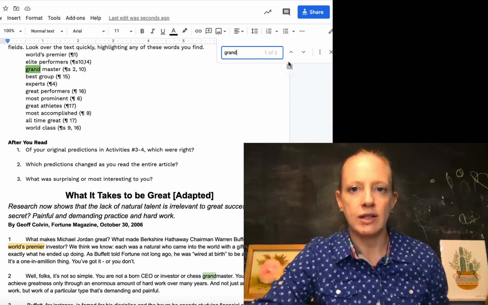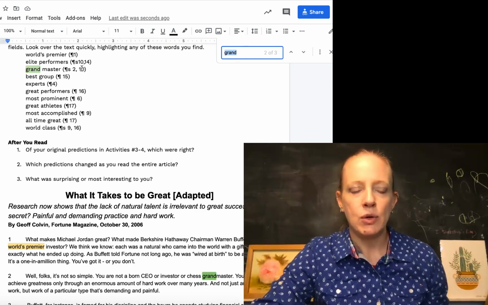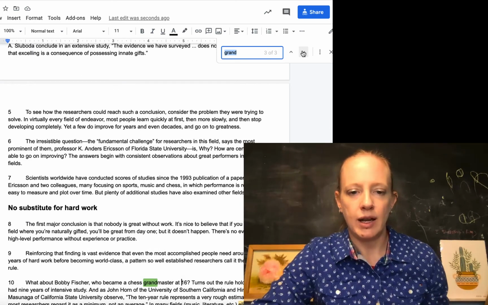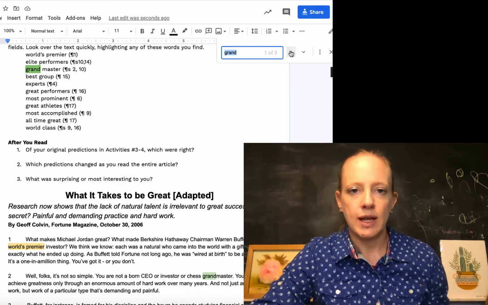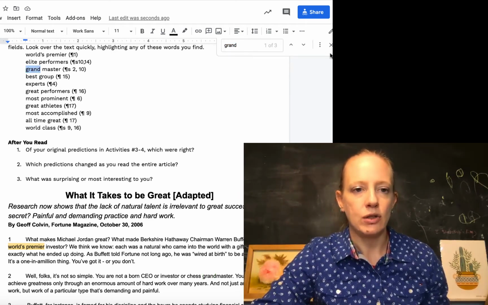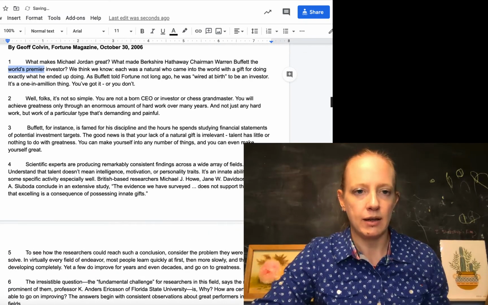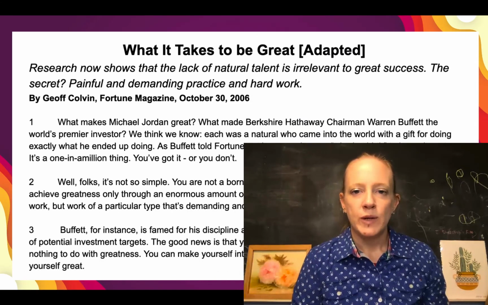And then you can go down to the next example of it, but there are 2 of them. So you need to make sure you go to all of them and highlight. Again, I'm using that find function, Command or Control F, and then type it in and highlight each of them. Once you finish, you should have all of these things highlighted in your document before we begin. All right, it is finally time to read the text.